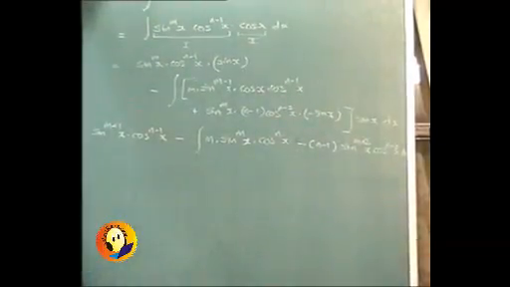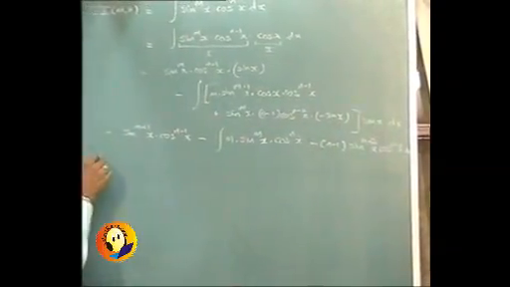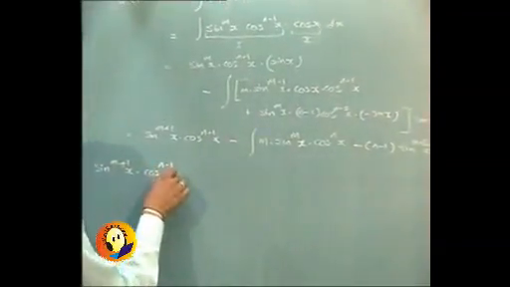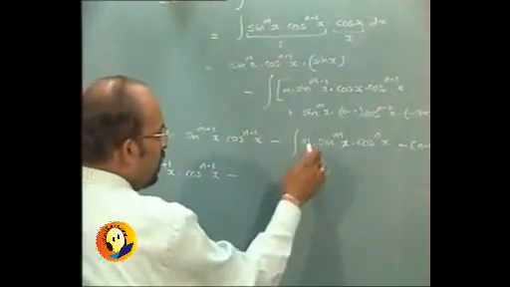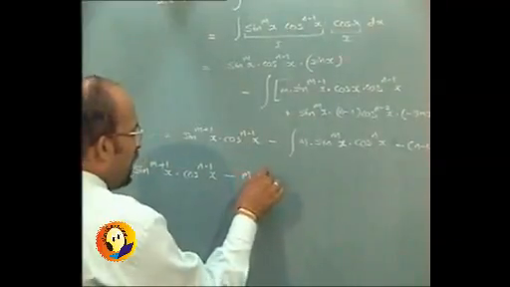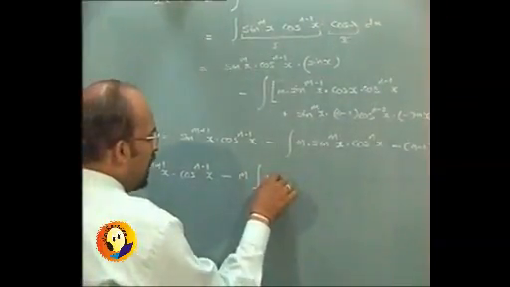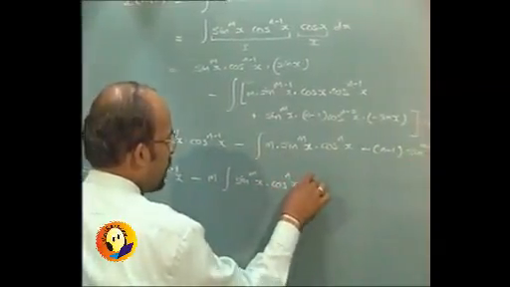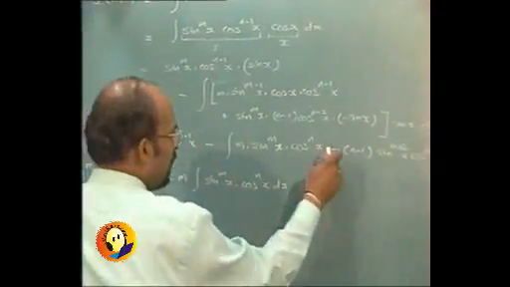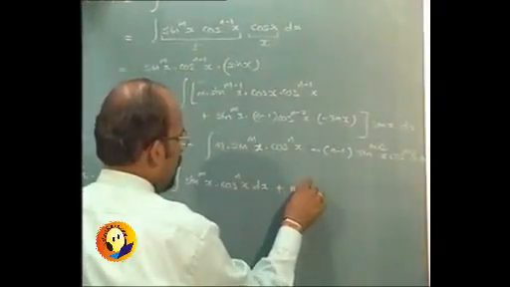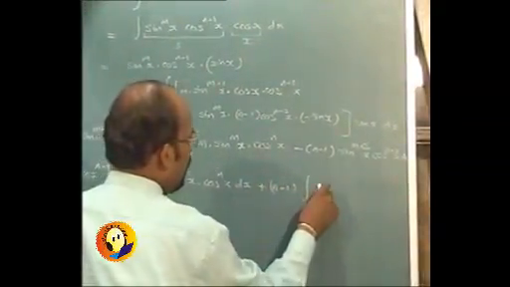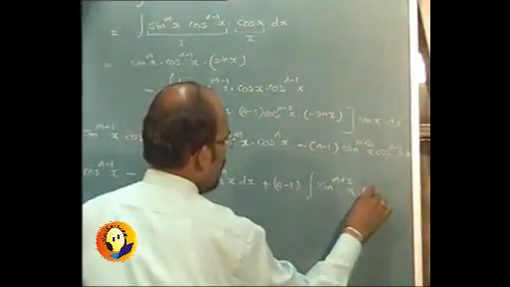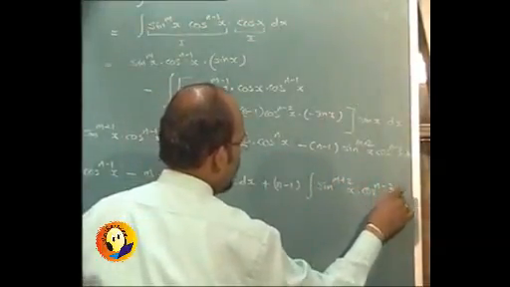So it can be now written as sin raised to m plus 1 x into cos raised to n minus 1 x minus, from the first term I can take m outside, it will be integral sin raised to m x into cos raised to n x dx, and then this is minus minus plus n minus 1 integral sin raised to m plus 2 x into cos raised to n minus 2 x dx.